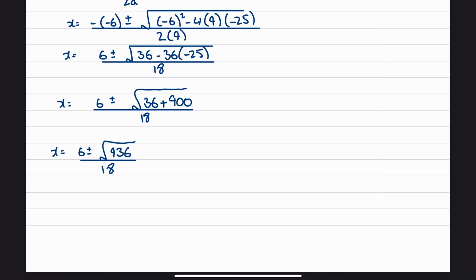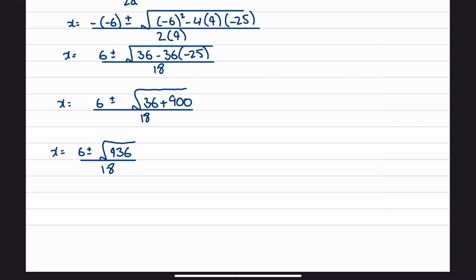Now we can plug this into a calculator and we'll get two answers, or we can just leave it in surd form as well. I think the better thing to do would be to leave it in surd form, but I don't think that's in the O-level syllabus, the GCSE syllabus.